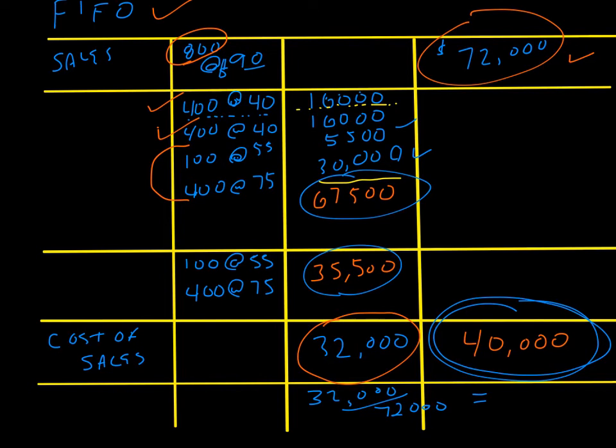And if we work out the math here, whip out the handy calculator. Double checking here. All right. We should have 0.444, which if you convert that to a percentage is 44%. So 44% is our cost of sales.